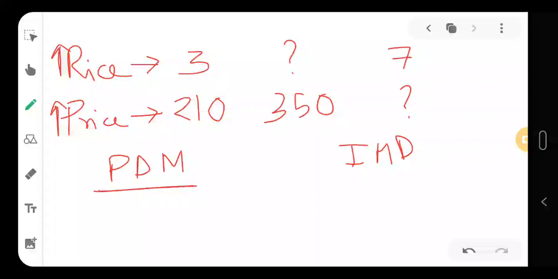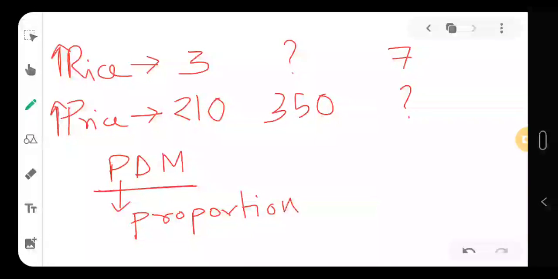What does PDM mean? Actually, this PDM is totally my imagination. It is not in the book, but it is good as a shortcut so that you can do the maths easily. We are not bothered about IMD right now; we will come to that. In PDM, P stands for proportionality, which we are doing now: proportional relationships, when two quantities increase together.